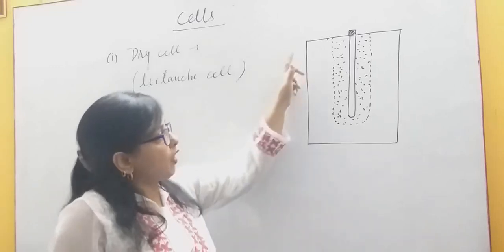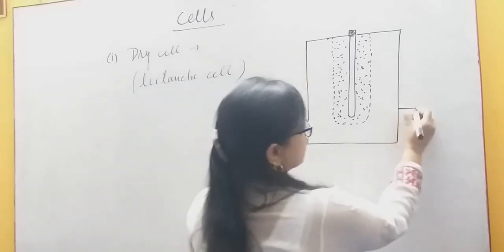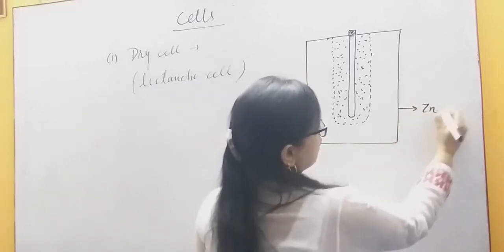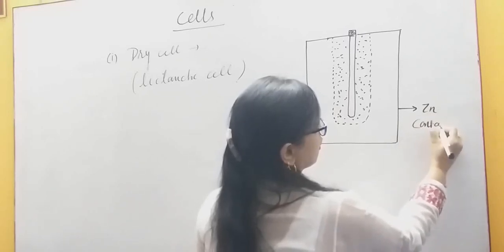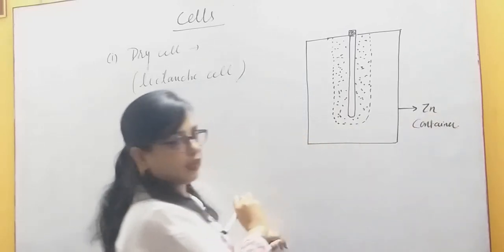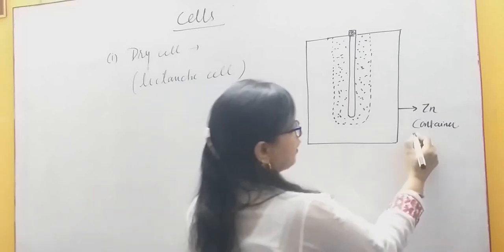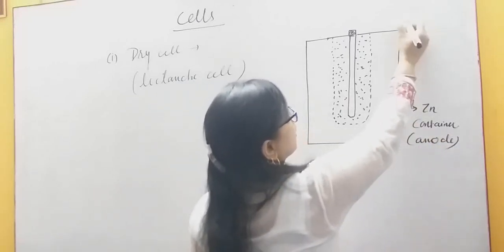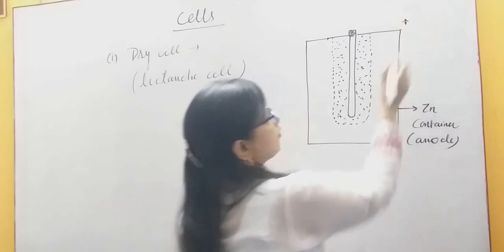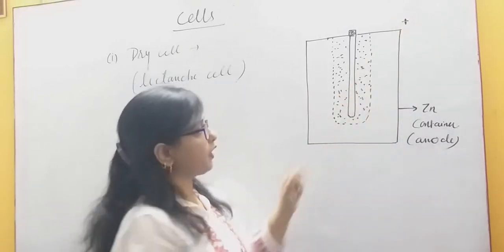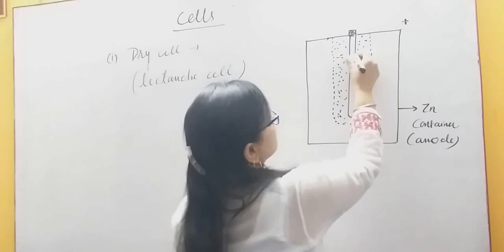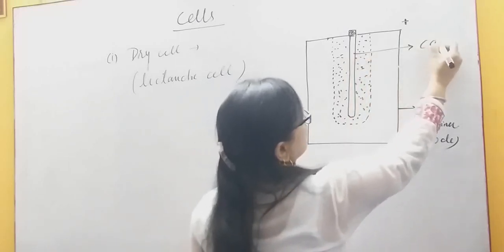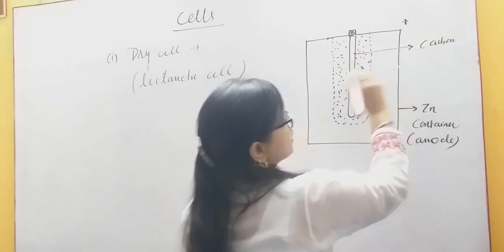In this cell you have a zinc container. The zinc container acts as anode. I am writing here positive. This part is the zinc container, and the second thing is a carbon rod placed inside the container.